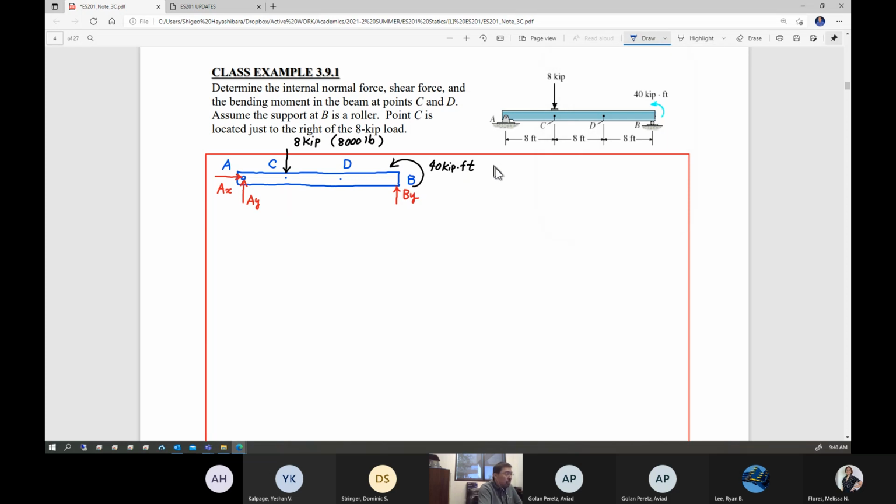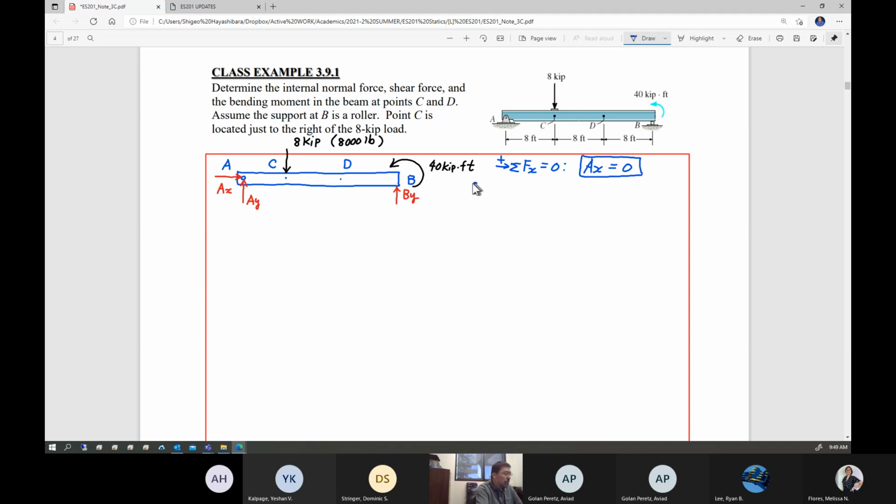All right. I'm going to apply, simple one, summation of forces in x direction set equal to 0. AX is the only force in x direction, so AX is 0. This is easy.